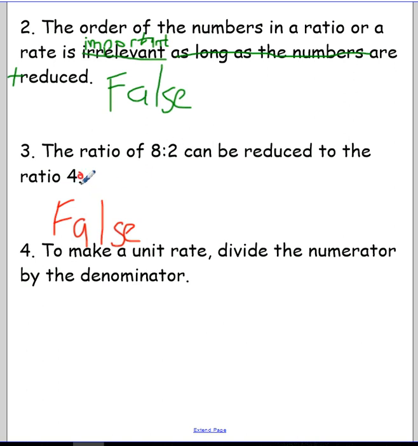So they needed to finish putting that relationship of 4 to 1 there. And then to make a unit rate, we divide the numerator by the denominator. Yes, that is true. That's what we did. And that'll get us, for example, in miles per hour.